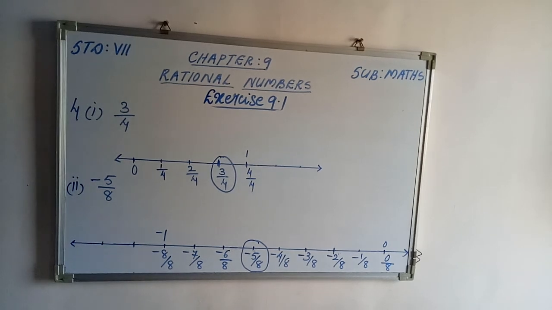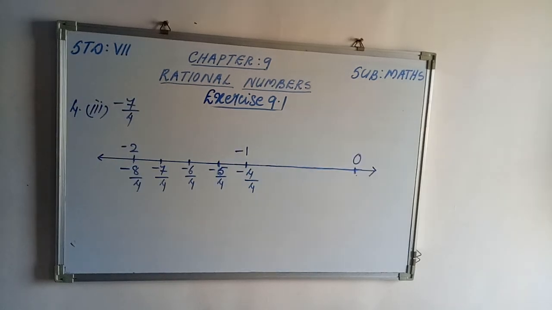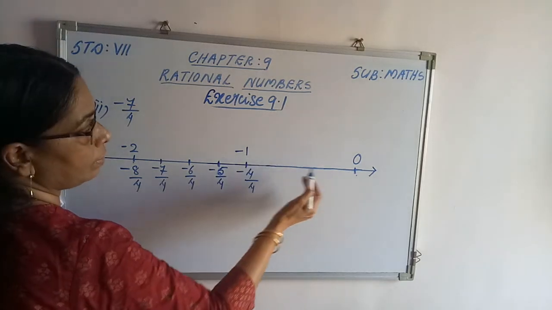Is that clear? In a similar way, you have to try the third and fourth in your notebook. When you do the third one, it's an improper fraction, that means the numerator is greater than the denominator, 7 upon 4. Then how will you divide it? See here, minus 7 upon 4, I already represented on the number line, starting from 0 towards the left.